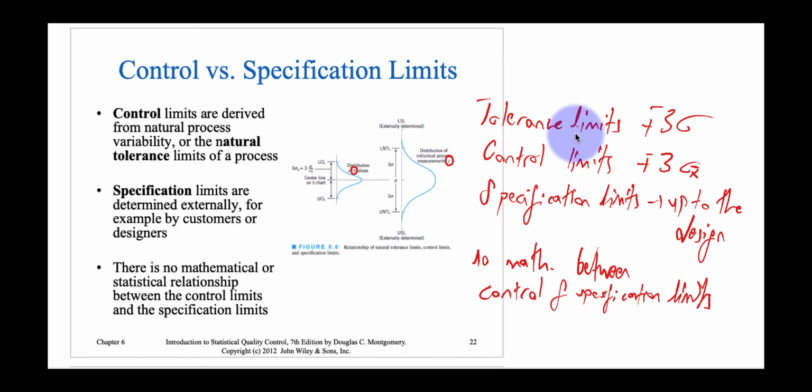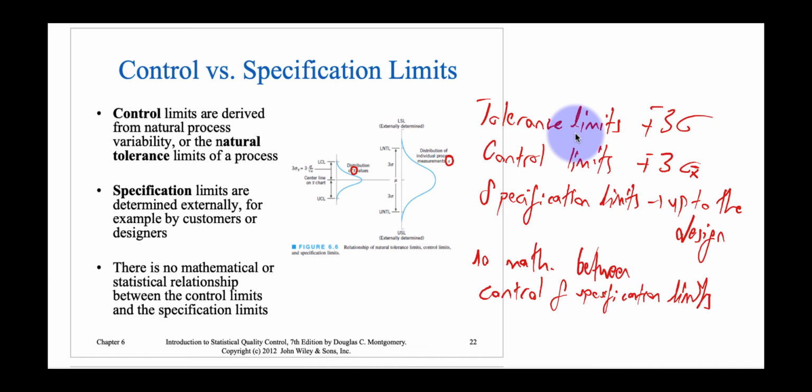So about the limits, we have seen tolerance limits, control limits, and specification limits up to these points, and they are actually different things. The control limits are derived from the natural process variability, and this is actually the natural tolerance limits of a process.